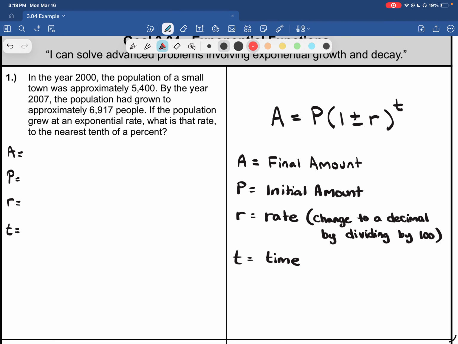In the year 2000, the population was approximately 5,400 people. The original population of 5,400 people, that is your principal. And then eventually, it became 6,917 people. That is your final amount.